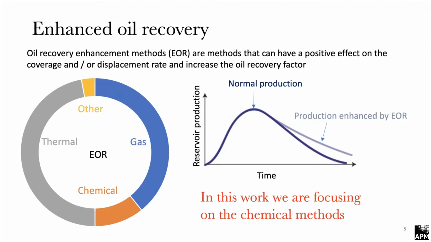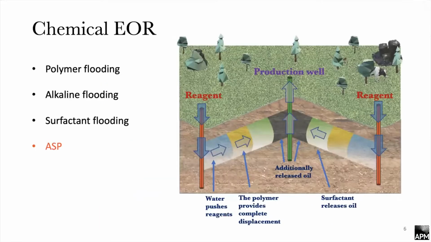So here in this work, we are focusing on the chemical methods, how to use them, and which parameters we should use to have the best result. There are a few types of chemical EOR methods. The most popular you can see on this slide: polymer flooding, alkaline flooding, surfactant flooding, and the most perspective, ASP flooding.